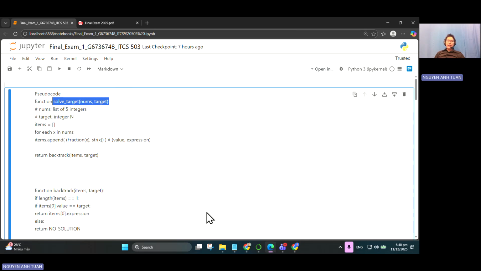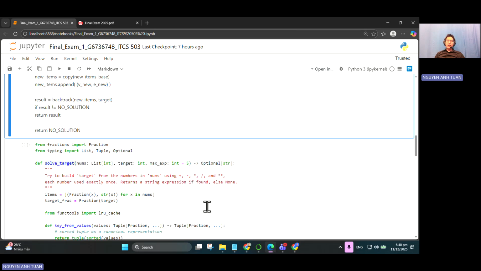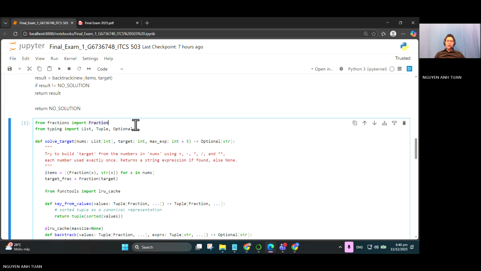The key ideas are: represent the values as fractions. I use the Python Fraction type so that the division is exact, with no floating point rounding, and comparison to the target is reliable. Track both value and expression.